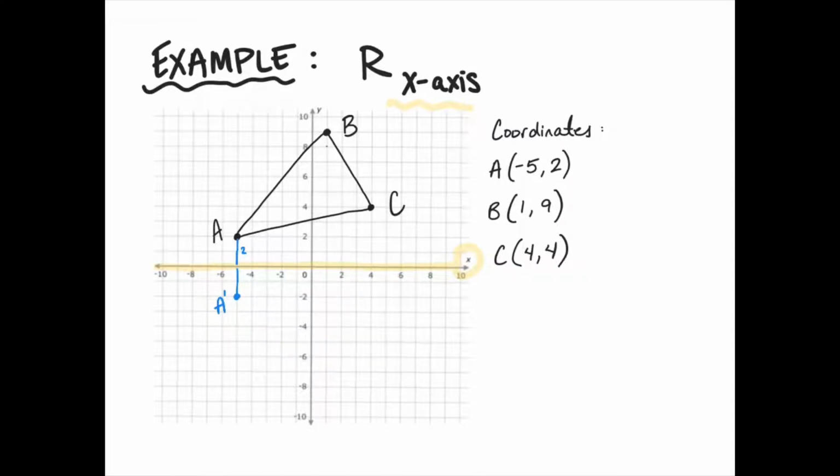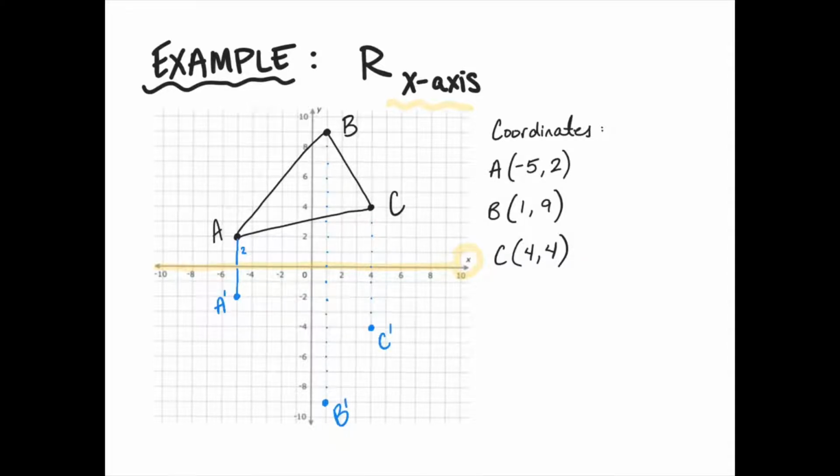B is 1, 2, 3, 4, 5, 6, 7, 8, 9 units from that line of reflection. So its image B prime is going to be 9 units from the line of reflection. And the image will be called B prime. All right, the pre-image C is 1, 2, 3, 4 units. So its image C prime is going to be 4 units on the other side. See how that works?